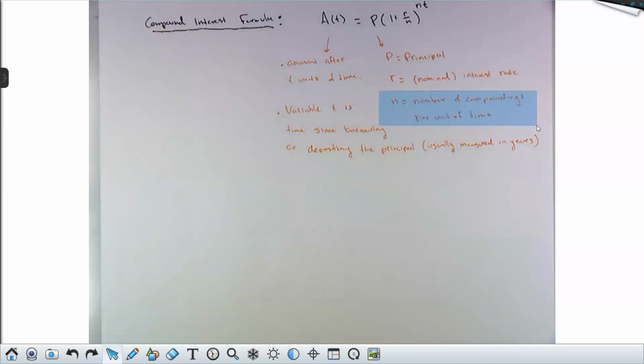And if we're compounding monthly and measuring time in years, that means I'm compounding 12 times per year. So you would plug in 1000, 0.05, and 12 for P, R, and N respectively. And that will give you some function that tells you how much I owe the bank after T years.